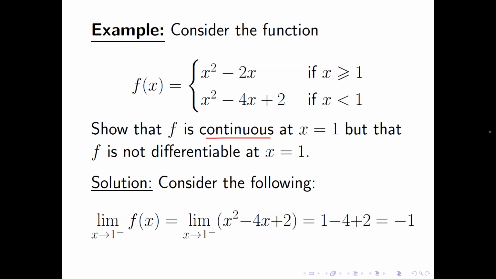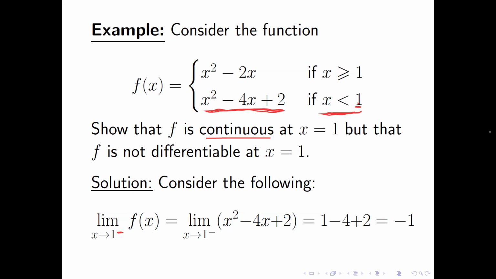So let's check at the left of 1. When x is strictly less than 1, we are going to consider this function. So the limit when x approaches 1 from the left-hand side, this minus here shows direction. It shows that we are talking about the left of 1 of this function.